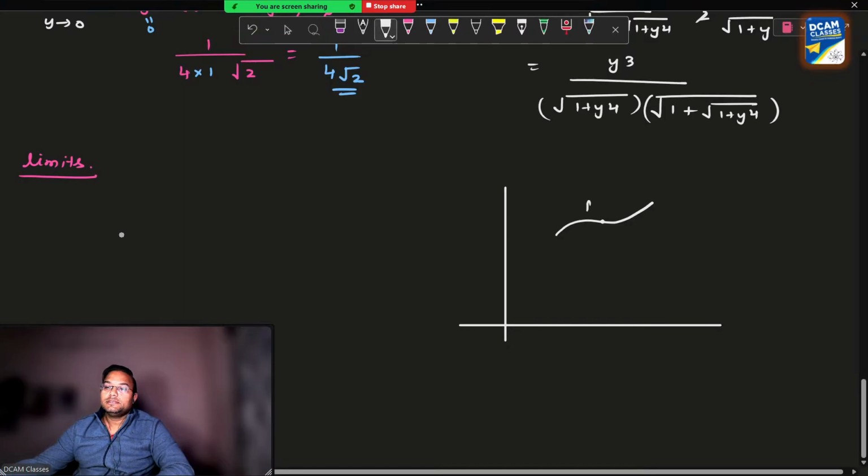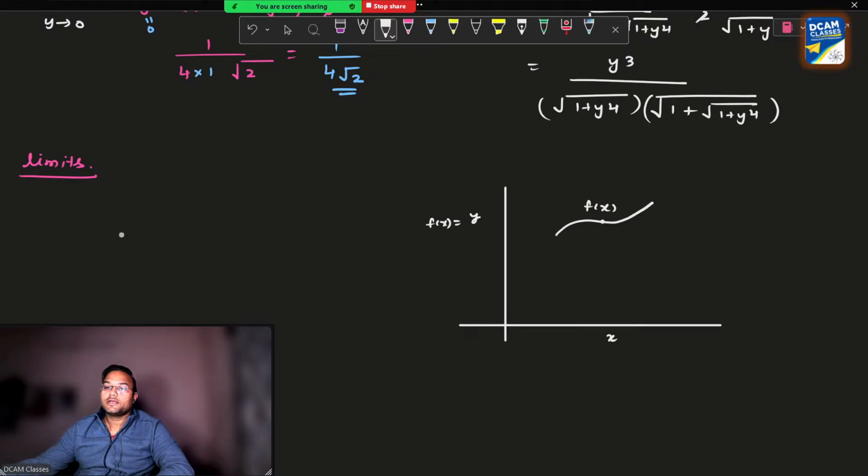Whenever we have a graph like this, you have to find out through limit what you are doing. When we say limit x is tending to a of f of x, this means what? You are trying to find out the value of f of x when x reaches to a.